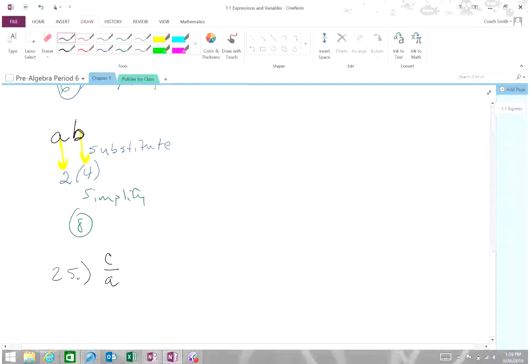And 25 says C over A. Now it has A as 2 there, but it's 4 here. 25. C over A. Oh, we've had them reversed. My bad. Okay.